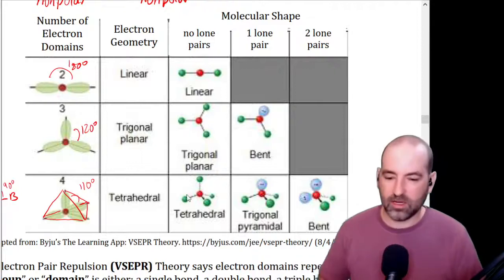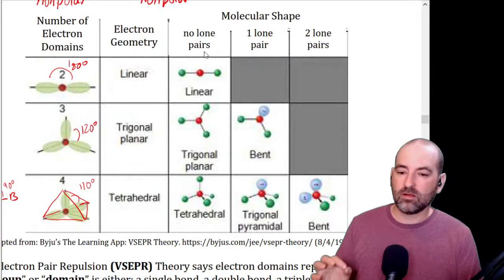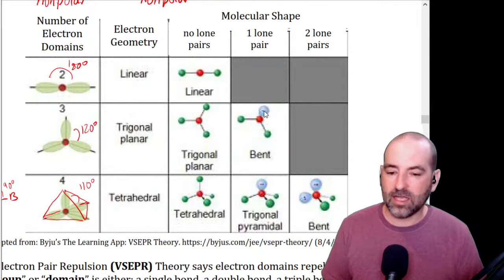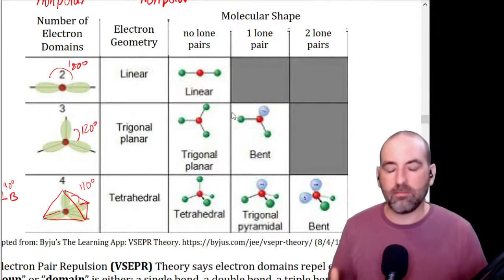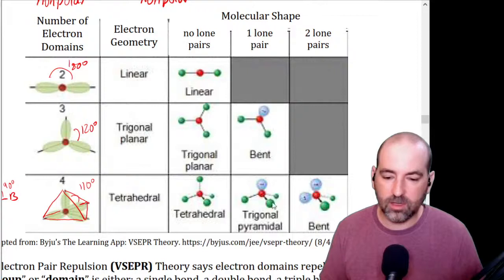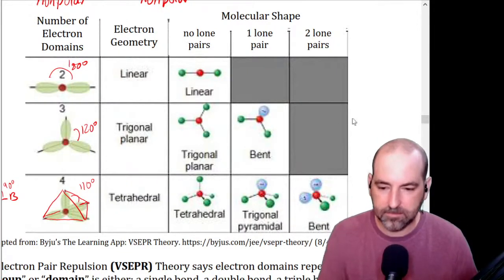There are more, but we're not going to deal with them in this class. And then if there are lone pairs, which are pairs of non-bonding electrons, they take up a space, and so the actual shape of that molecule becomes a little bit different. It becomes either bent or trigonal pyramidal, depending on how many spots are taken up.